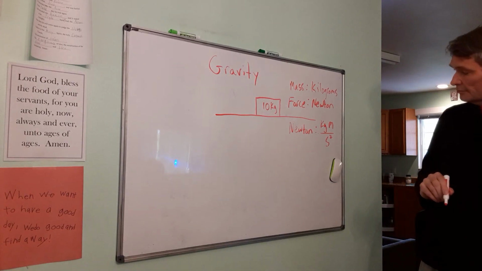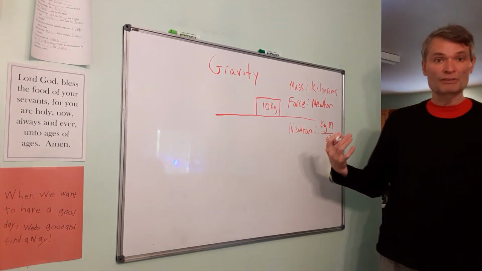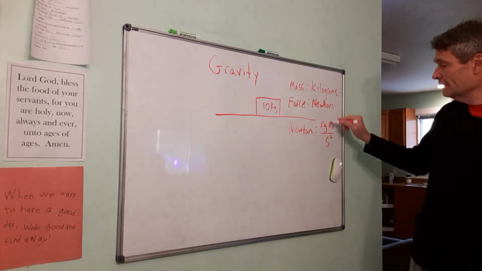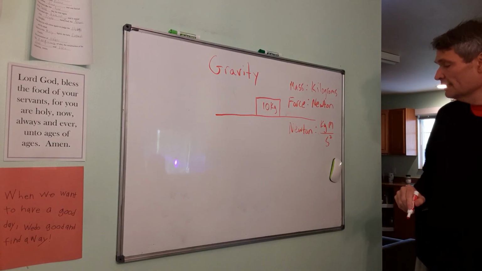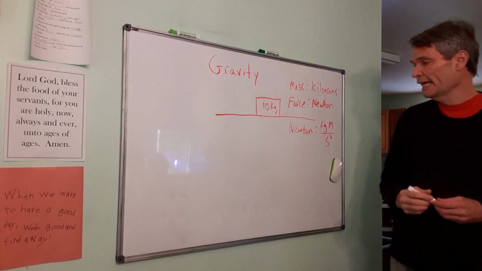So you can think of a Newton as a unit of force, but it's actually a mass times this meter per second squared, which is an acceleration. We'll talk about acceleration and velocity another day.